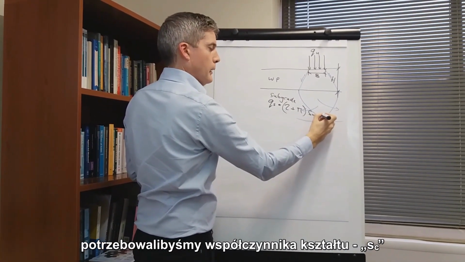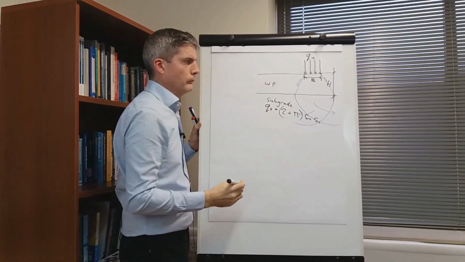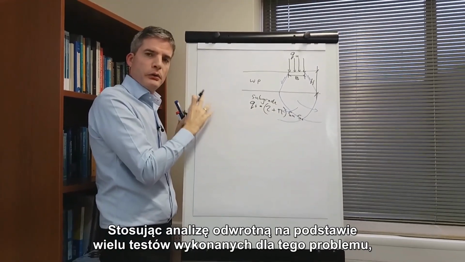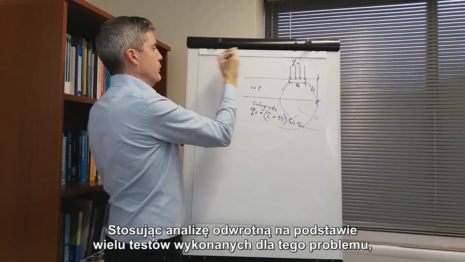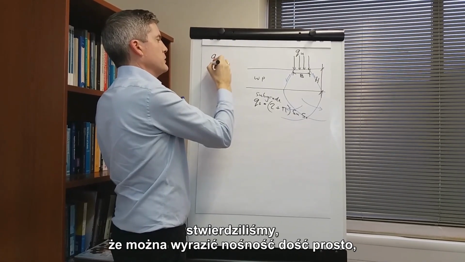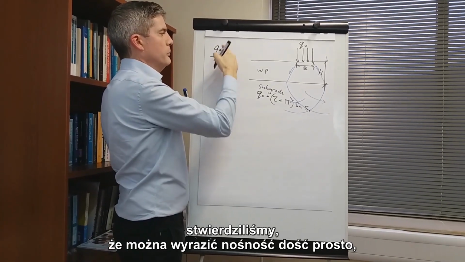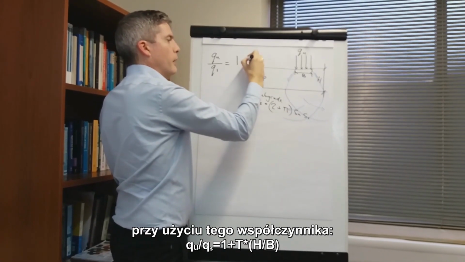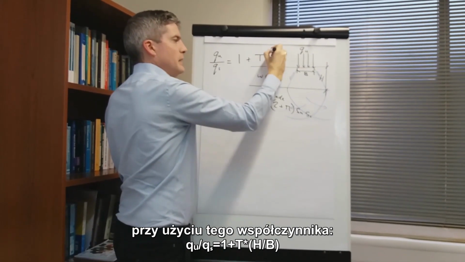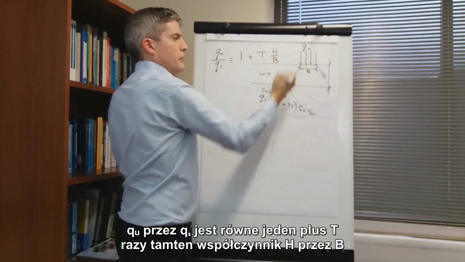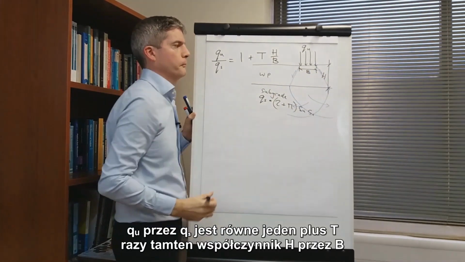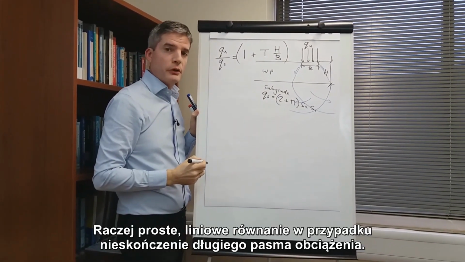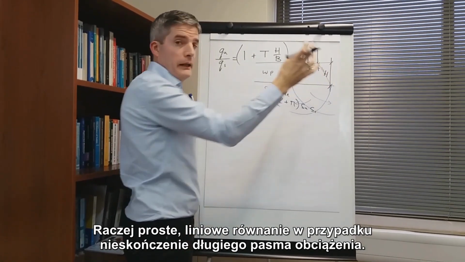For a square or circular one, we would need the shape factor SC. Now, by back analyzing a lot of physical tests done on this problem, we found that you can express the bearing capacity quite simply in terms of this ratio: QU over QS is equal to 1 plus T times that ratio H over B. So a rather simple linear equation in the case of an infinitely long strip.